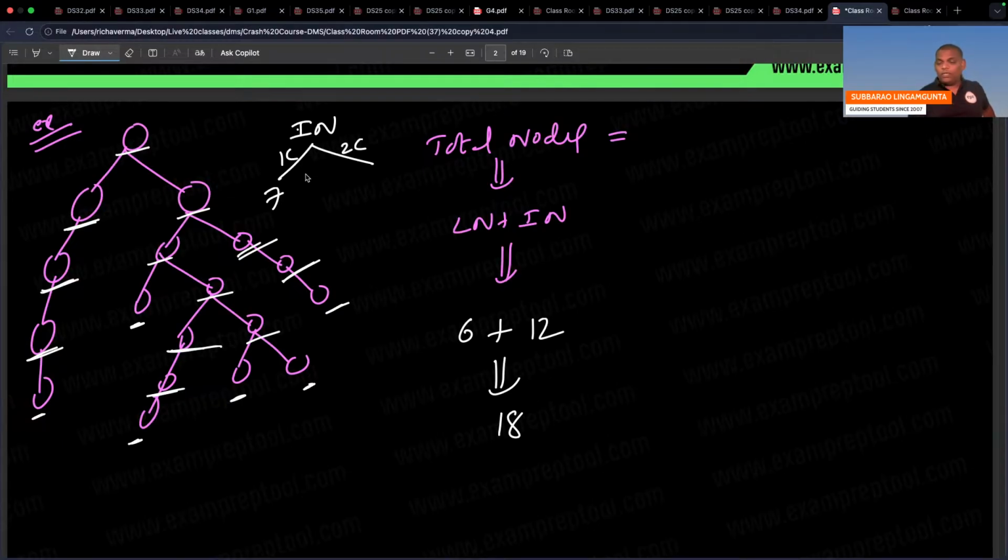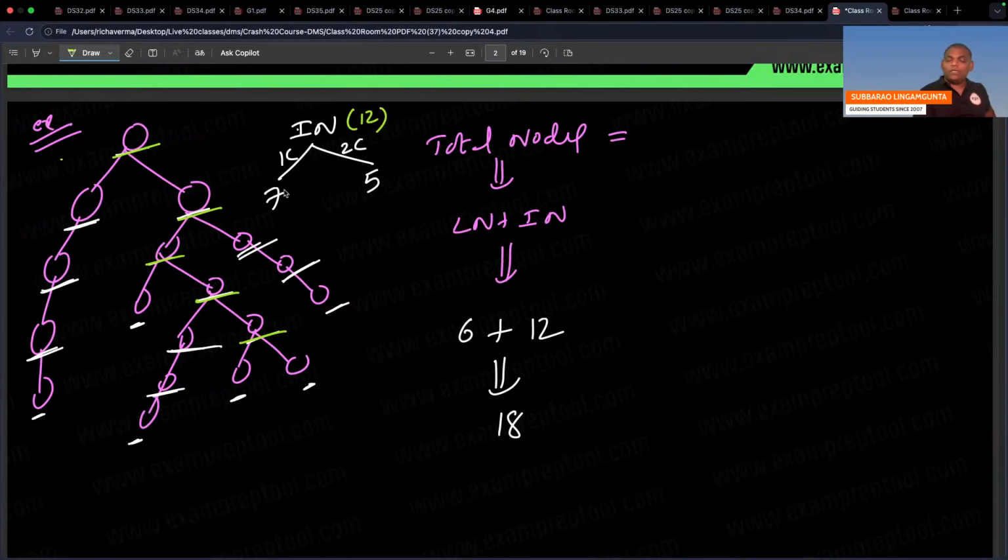Two child, how many? If you observe clearly, internal nodes are 12. From the 12, remove 7. I think 5. I will check also. See the two child: 1, 2, 3, 4, 5. That's it. 5. So internal nodes are totally 12.